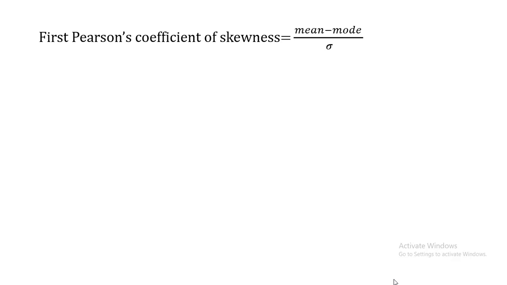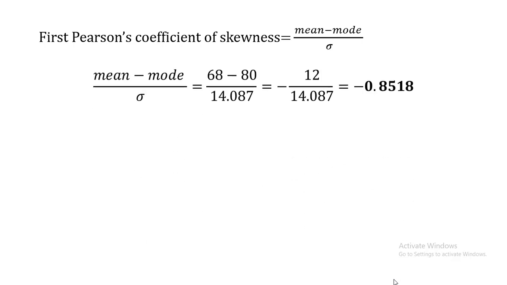The next step is to substitute all these values into the formulas and find our results. Substituting, 68 minus 80 divided by 14.087 gives minus 12 divided by 14.087, which equals minus 0.518.